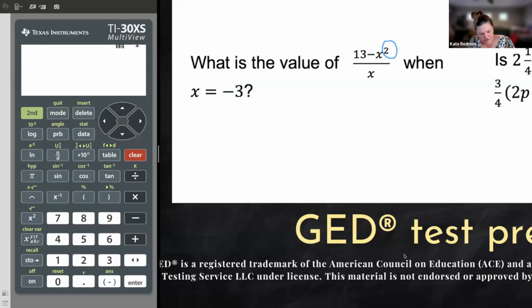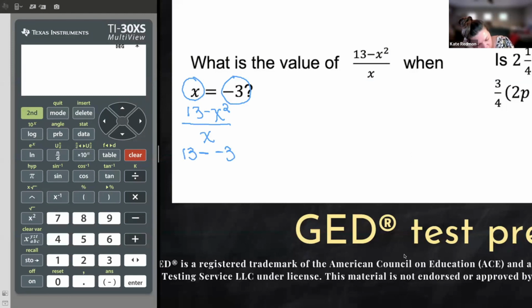But I am going to do it by hand first, and then I'll do my calculator. So let me write out my original expression, 13 minus x squared all over x. And now, wherever I see an x, I'm going to substitute in the known value of -3. So 13 won't change, minus won't change, but -3 is going to replace x.